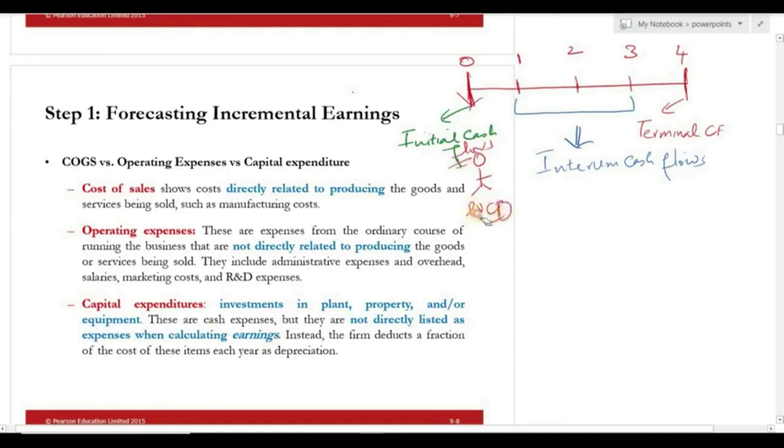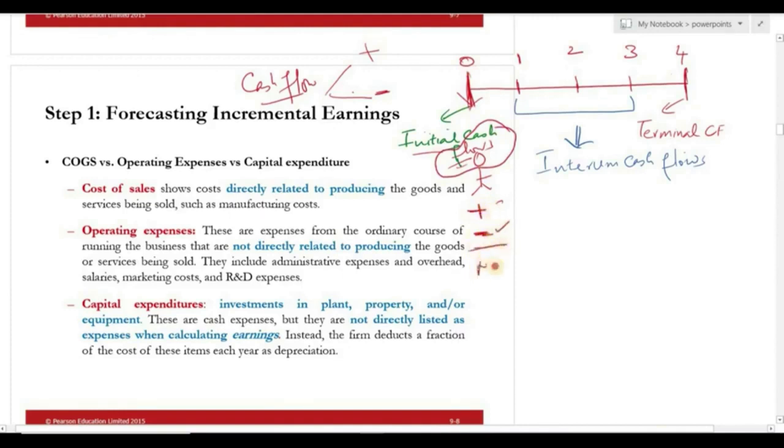Cash outflows initially, that is called the initial cash flows. Remember, cash flows could be inflow or outflow. At time 0 there could be some inflows, there could be some outflows. Normally we have outflows, but there could be some inflows.